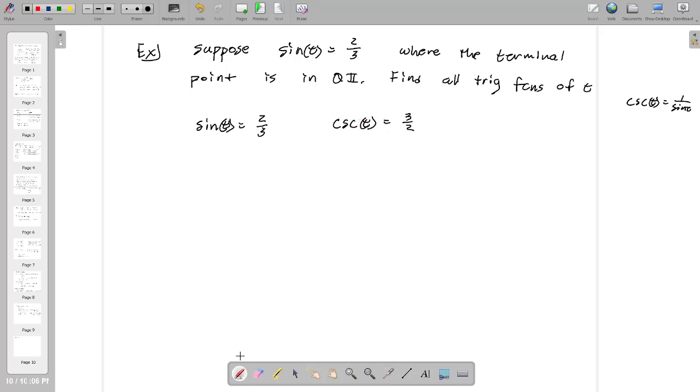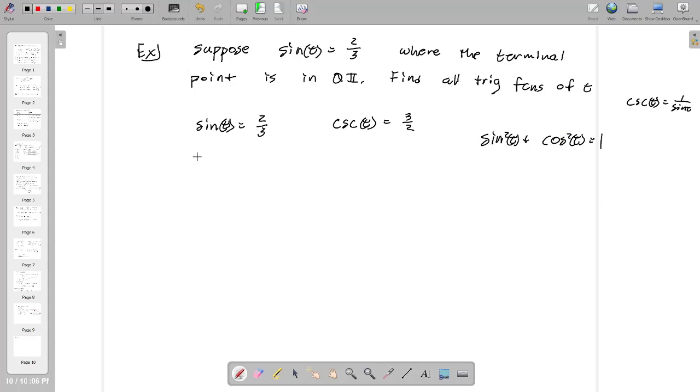Now this is where a lot of students stop because they don't know what to do next. Just think about it for a second. We have relationships with sine and cosine. Specifically, sine squared t plus cosine squared t is equal to 1. So if I know what sine is, I can solve for cosine.